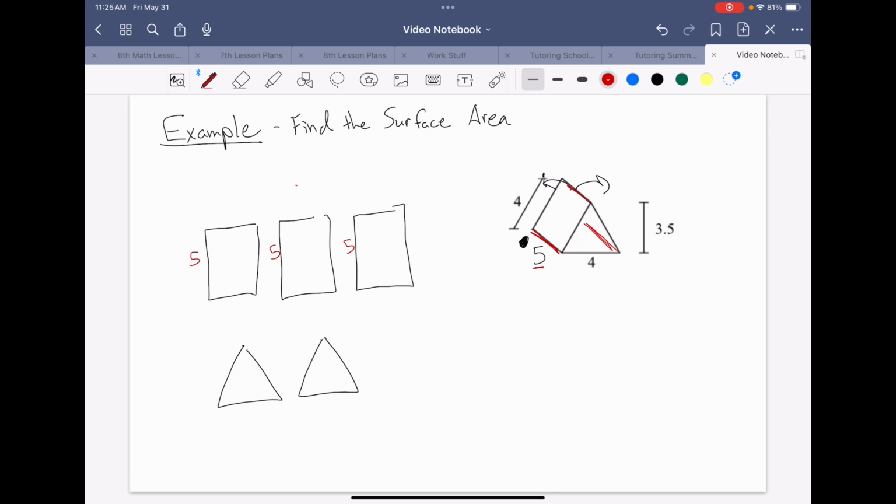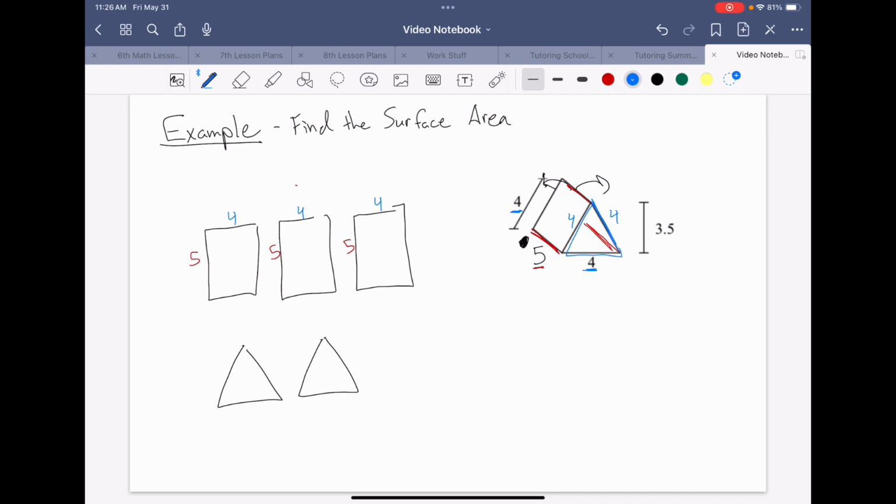Now I'm going to look for the other dimension, the width of those rectangles, and that's going to be this number right here, this number right here, and then we're not told it, but by process of elimination, it's also going to be this guy right here. So the thing is, this is an equilateral triangle. They're all 4. Because of that, all my rectangles' widths are going to be 4. Kind of lame, kind of boring, but it is what it is. All right, well, anyways, I'll figure out those areas in a minute.